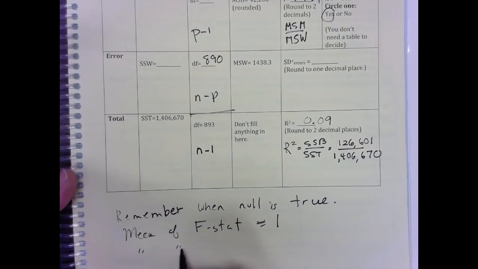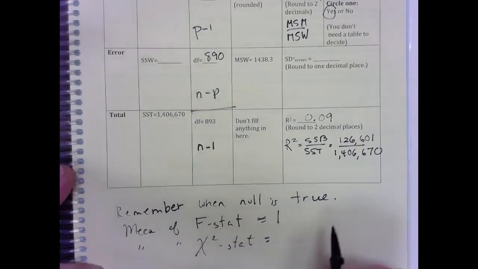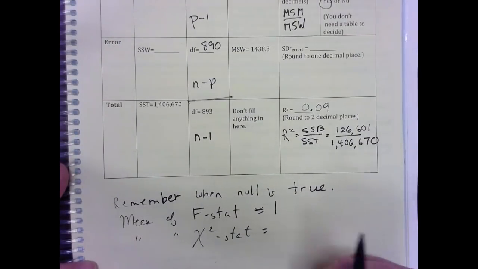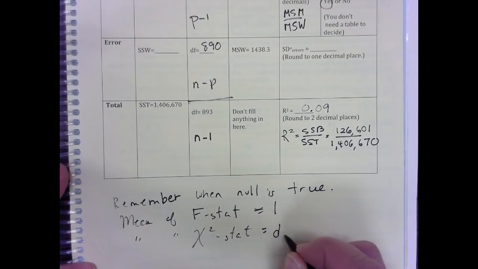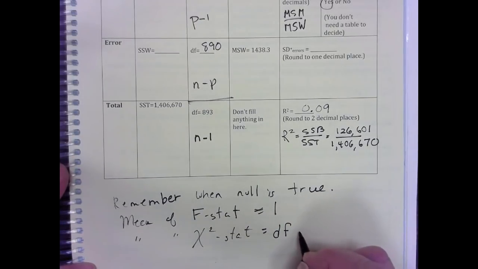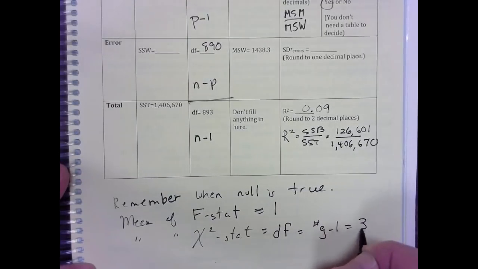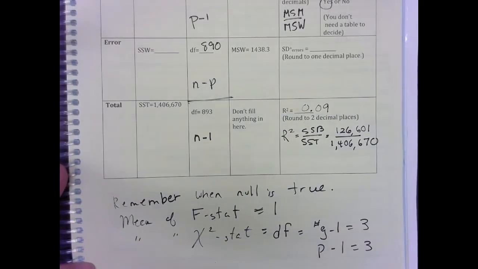And the mean of the chi-square statistic is the degrees of freedom, which in this case would be 3, or the number of parameters minus 1.